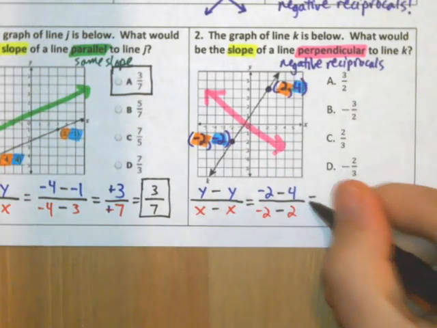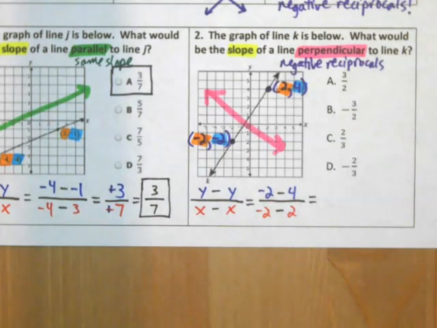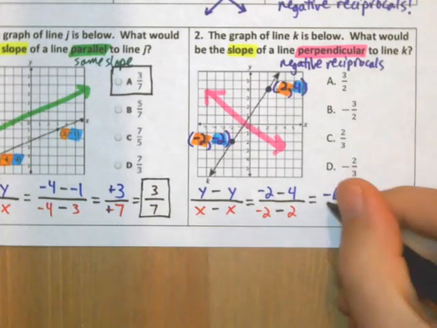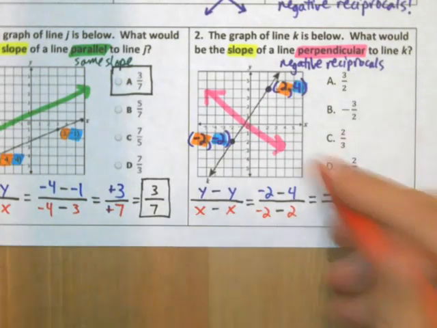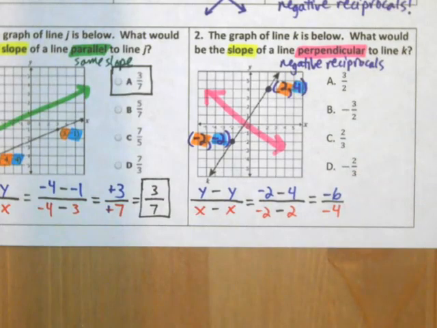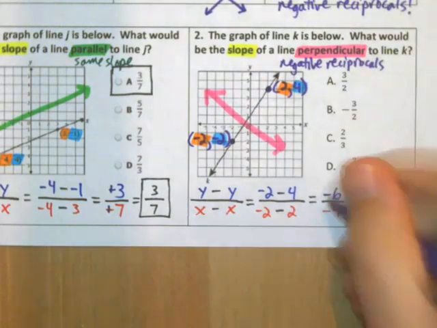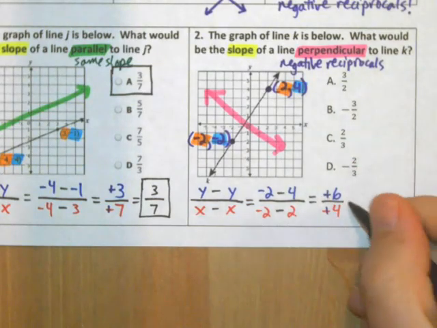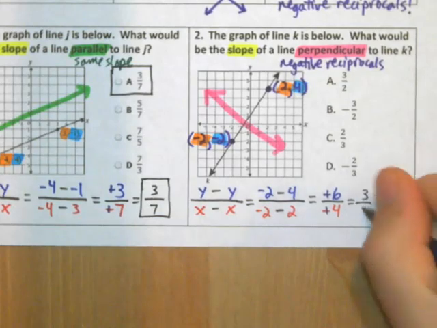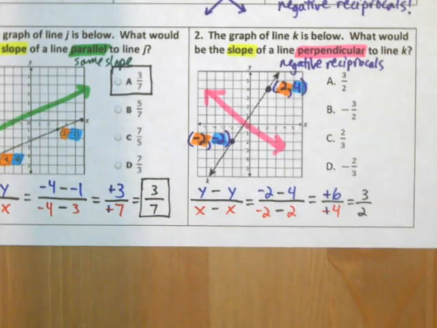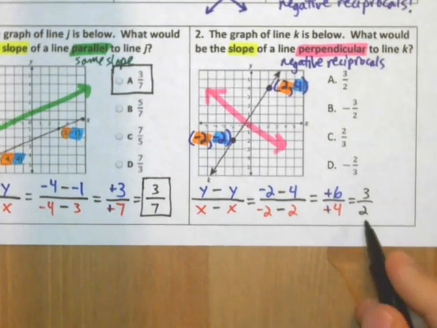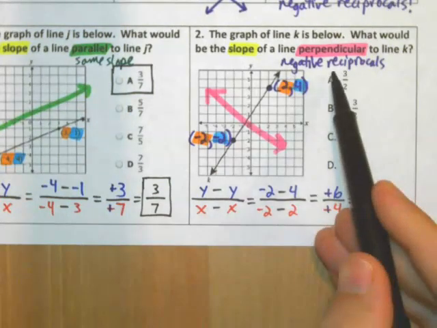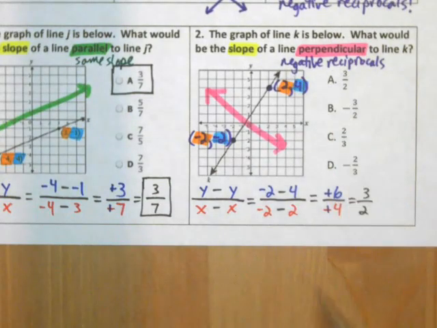Now I'm going to simplify. We get -6 over -4. And I'm going to keep simplifying. Going to make both of these negatives positive. And I'm going to reduce these values down to 3/2. But I'm not going to stop and say that 3/2 is the final answer, because we still have to take the negative reciprocal.